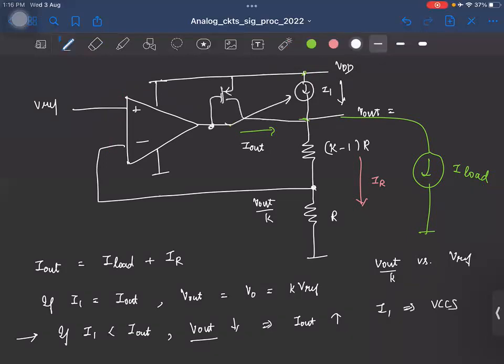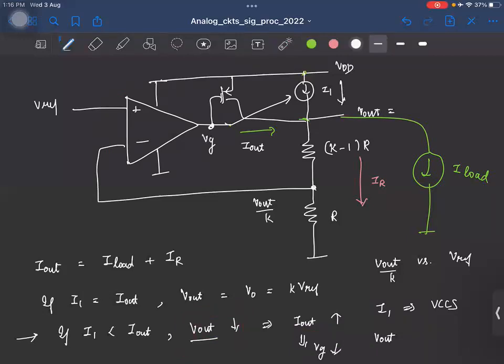So here you might be tempted to put it like this. Okay, but let's quickly check once if this will work. If let us say you want to increase I out in this case, if I call this VG, what should happen to VG? VG must decrease. Okay, but in the case I've shown, V out is smaller, right?